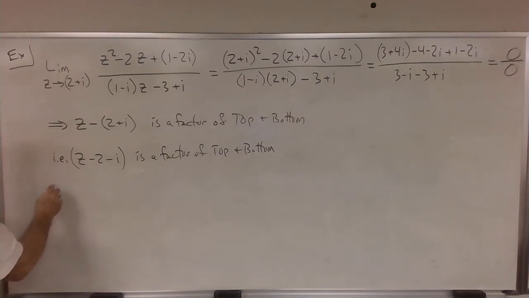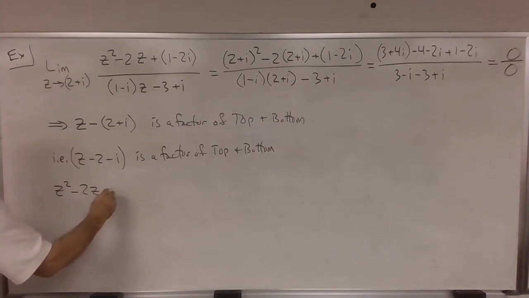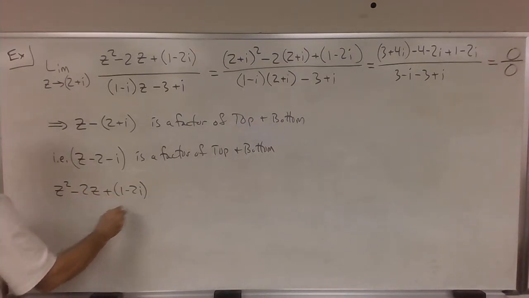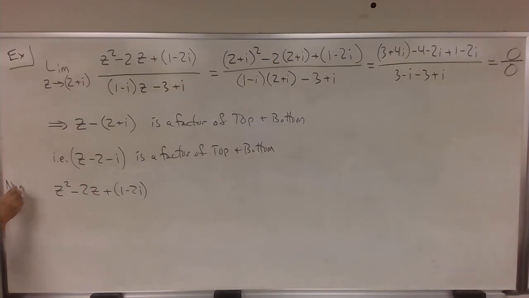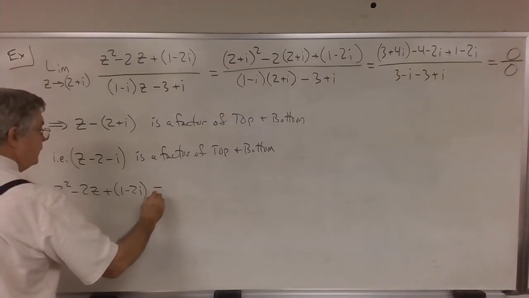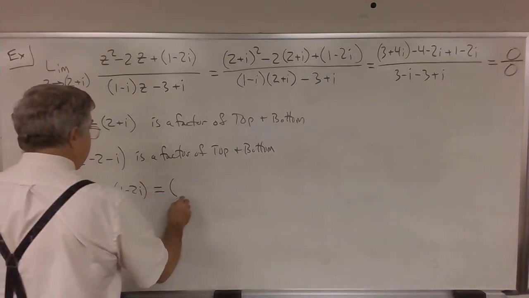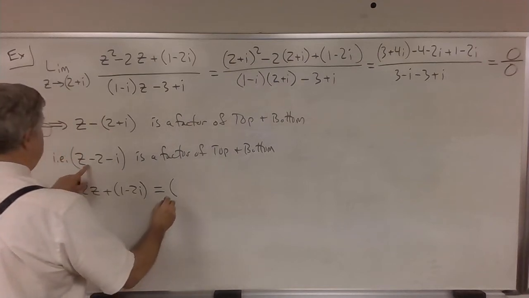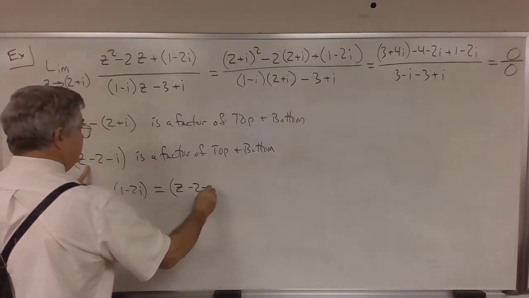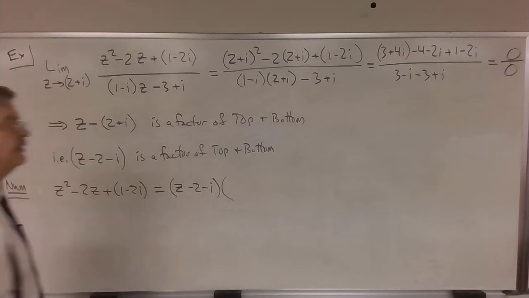So let's see, the numerator is z squared minus 2z plus 1 minus 2i. That's the numerator. And this is equal to what? z minus 2 minus i times something.